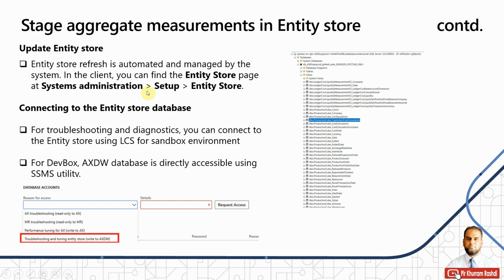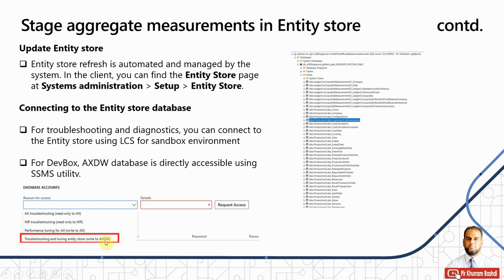Entity store refresh is automated and managed by the system in the client. You can find the entity store page in the System administration module, under Setup, Entity store. If you want to debug using LCS in the case of a Sandbox environment, you can get access to the database for at least 8 hours, as you can see here. For troubleshooting and tuning the entity store, write to XDW.